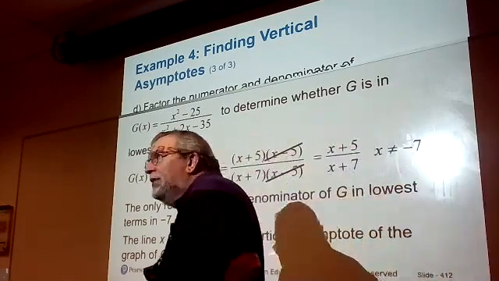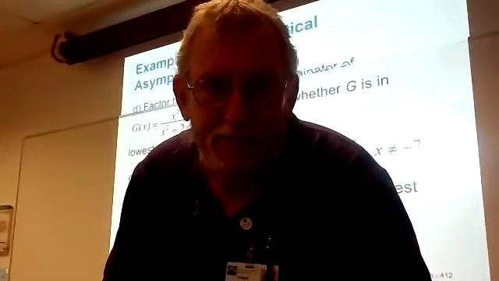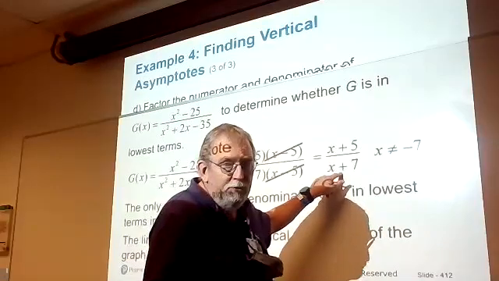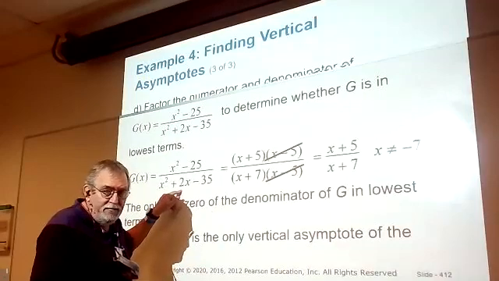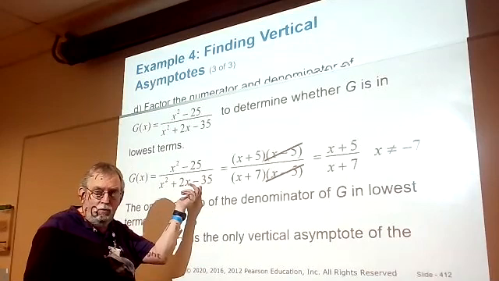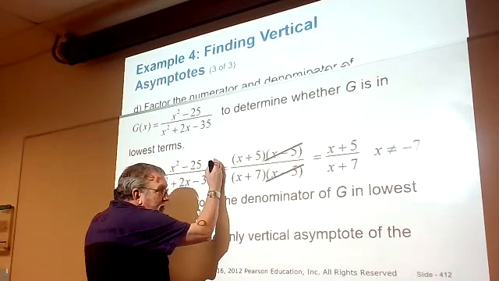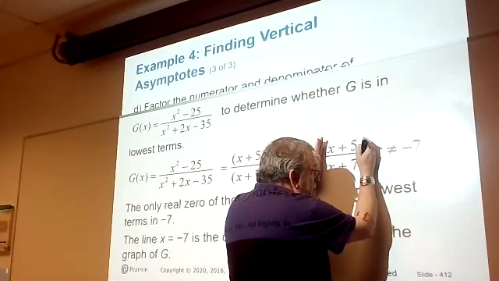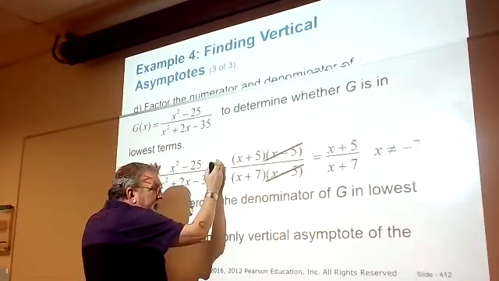Now, an important thing to realize here: positive 7 can be used here. I can use positive 7 here, but I can't use positive 7 over here, because positive 7 in here gives us 0. This is the original function. This is not the original function. Okay? This is the original function.